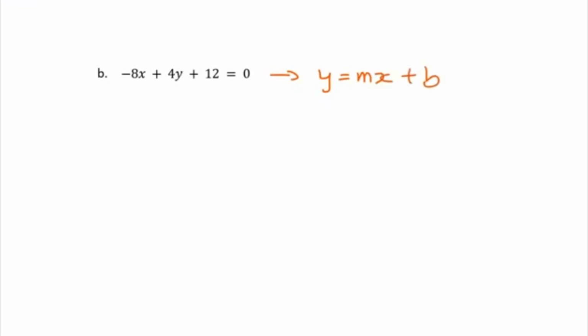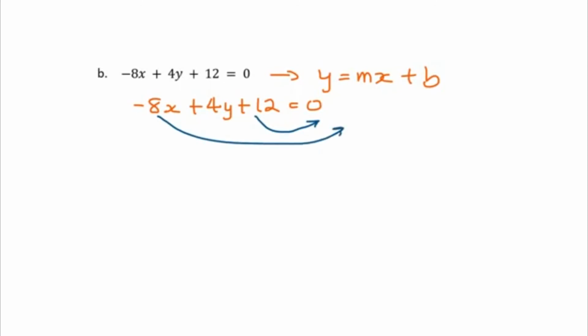So to make this y equals mx plus b, I keep y on one side of the equation and the others will be moved over. So if I rewrite this particular equation, which is -8x plus 4y plus 12 equals 0, it means that I have to move +12 over to the other side and -8x to the other side.